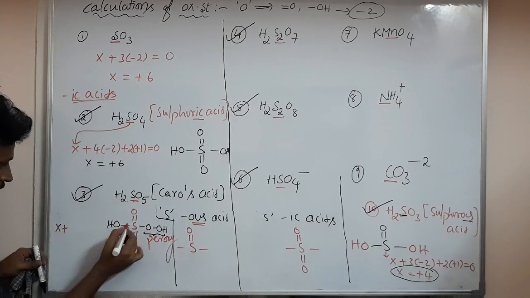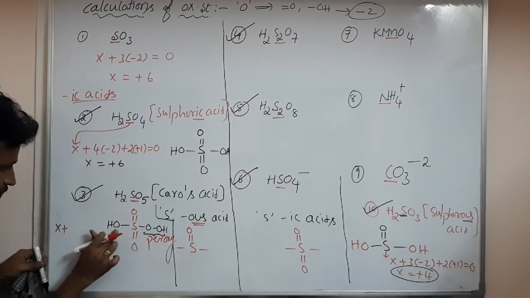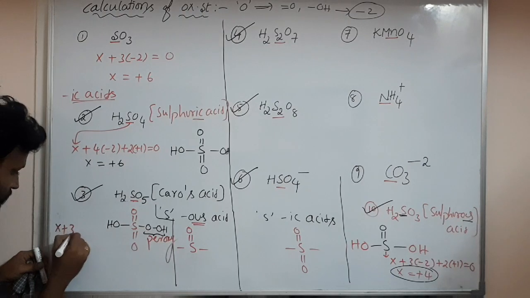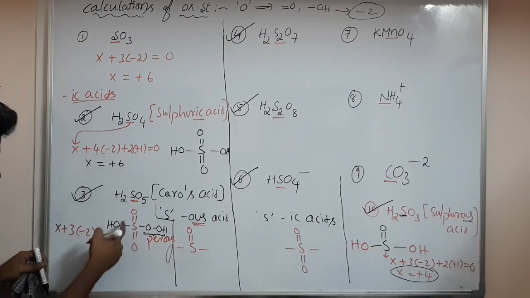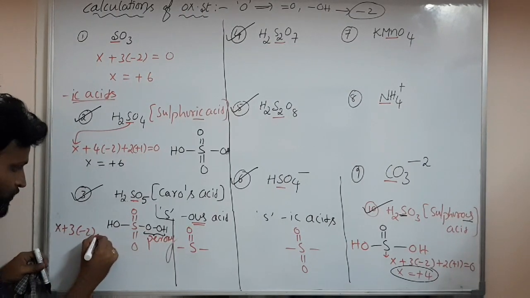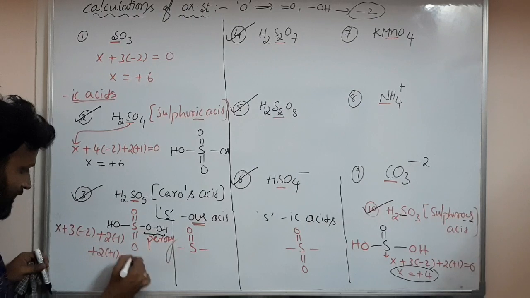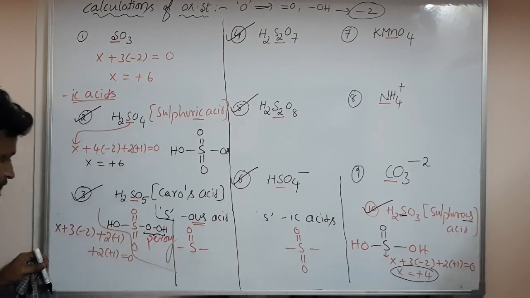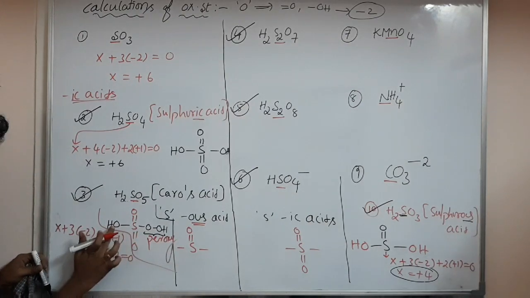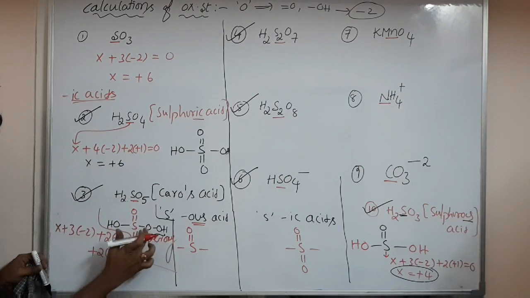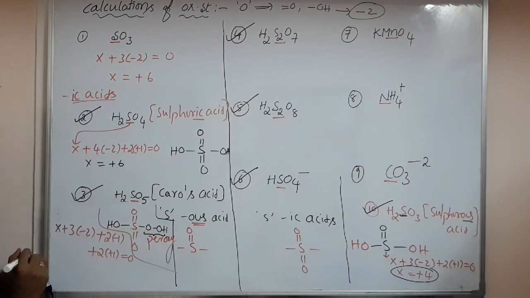So what will be the oxidation state? X plus, there are 2 oxygens and this oxygen also single bonded. So 3 into -2 plus 2 oxygens, 2 into -1 and 2 into +1 is equal to 0. This is the structure. S double bond O, OOH and OH.